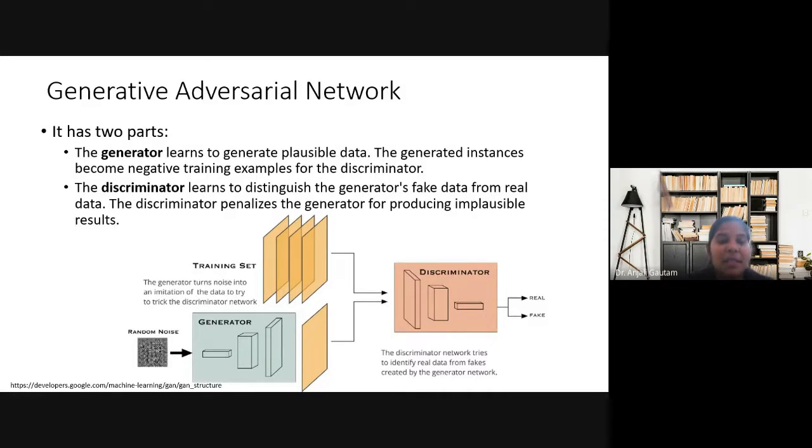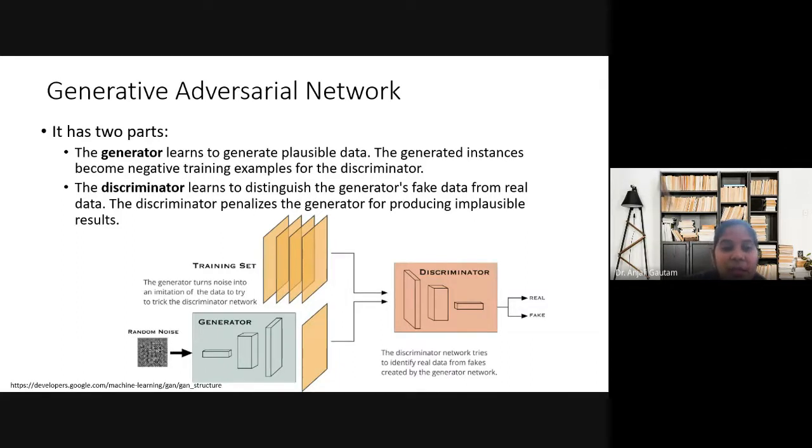Let's see, here we have a generator. How will it generate synthetic images? Suppose our skin cancer dataset size is very small and we want to increase the size of the data.